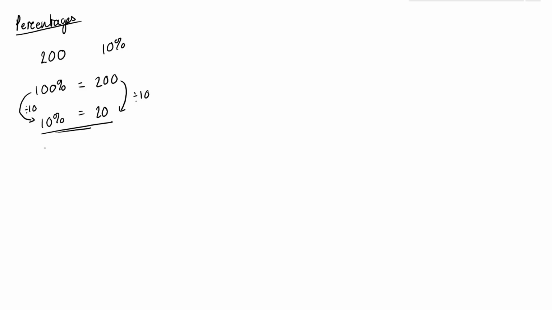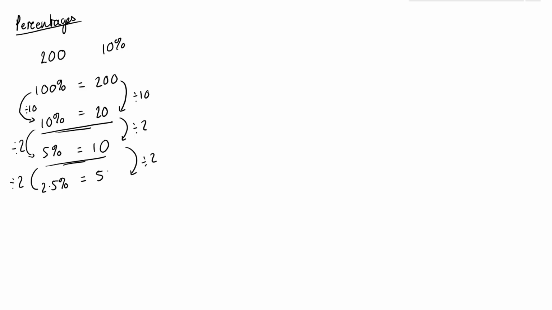We could go further, we could find what is 5%, and that would just be dividing this by 2, and that would give you 10, so 5% is 10. We could even find what 2.5% is. By dividing by 2 again, and we can divide by 2 on this side, and 2.5% is 5.